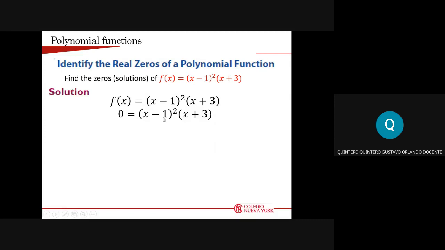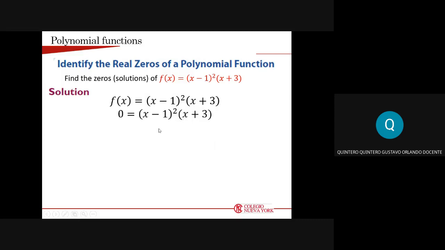From here, how do we solve this? Simple. We know that here we have two factors being multiplied. What are factors? A factor is a fancy word for multiplication. We have one thing multiplied by another thing; those things are the factors.